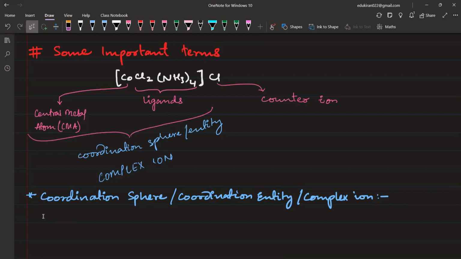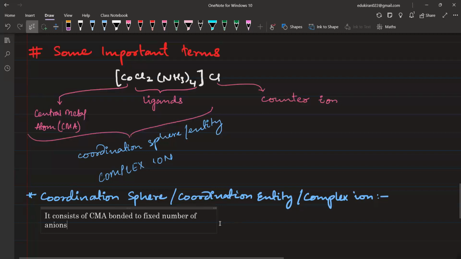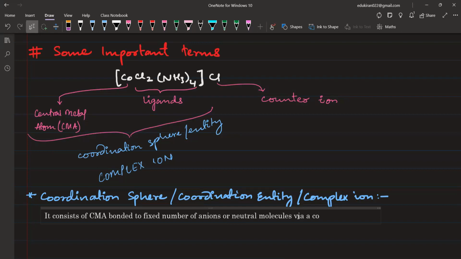So the coordination sphere or coordination entity: write that it consists of CMA, I hope you know what CMA is, bonded to a fixed number of anions or neutral molecules via coordinate bonds.